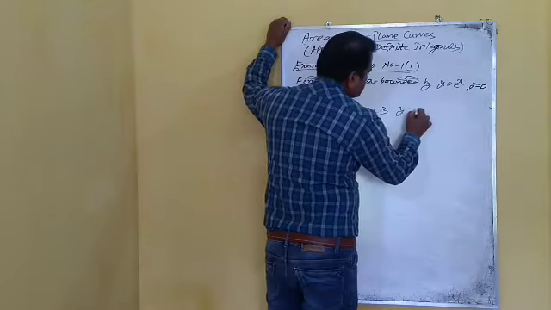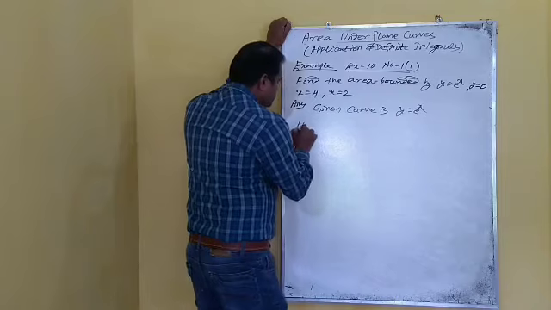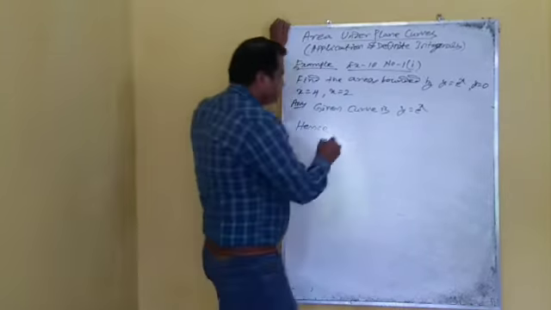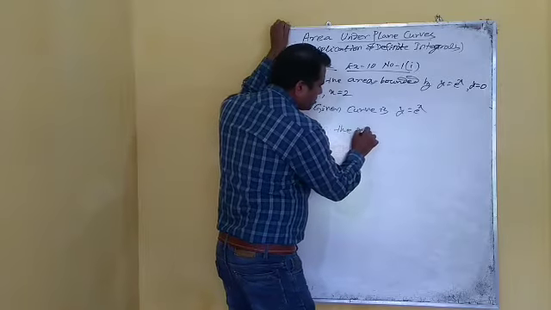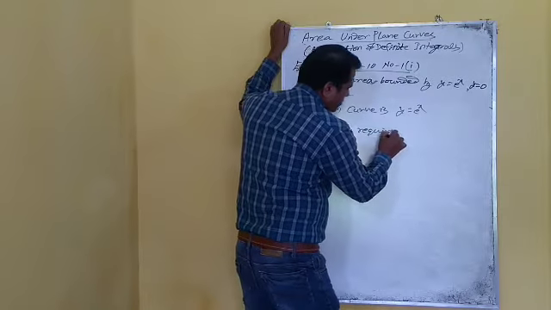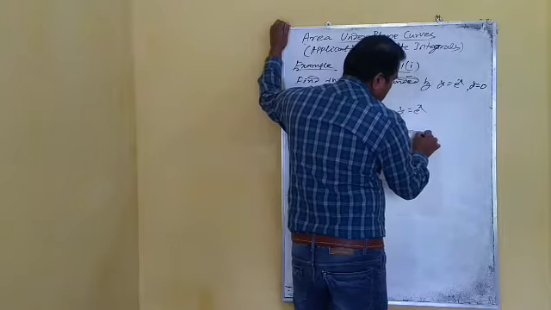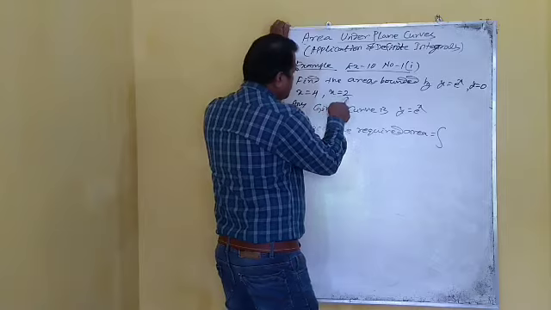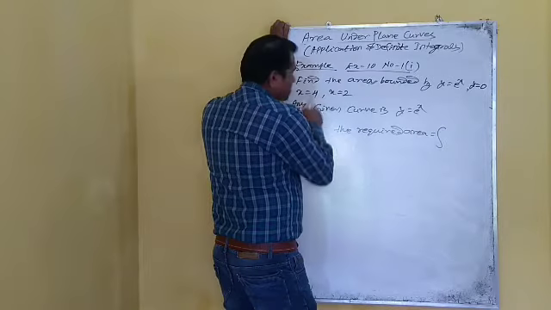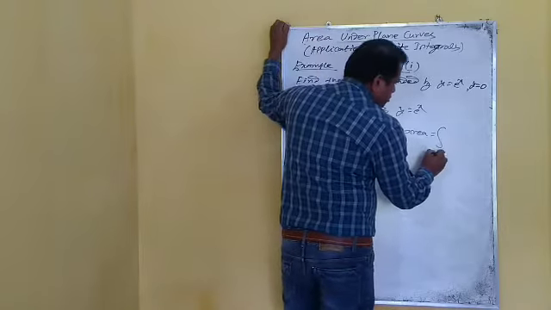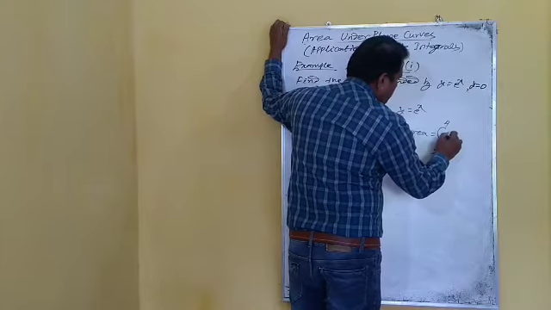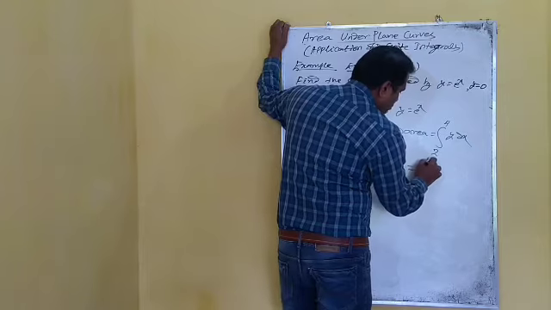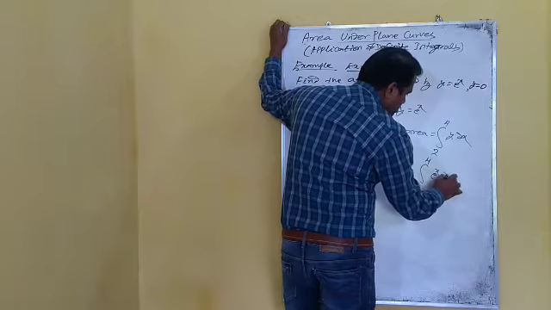Answer: the given curve is y is equal to e to the power x. Hence the required area is equal to, with lower limit x is equal to 2 and upper limit 4, the integral from 2 to 4 of y dx, that equals the integral from 2 to 4 of e to the power x dx.